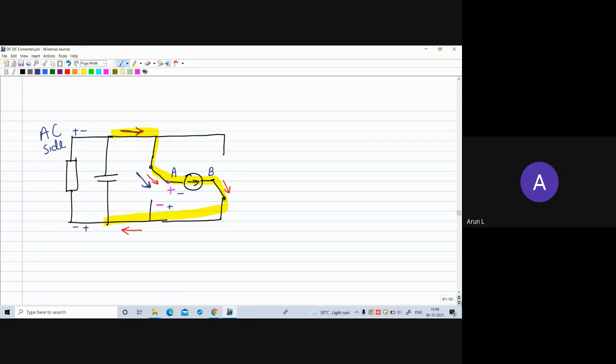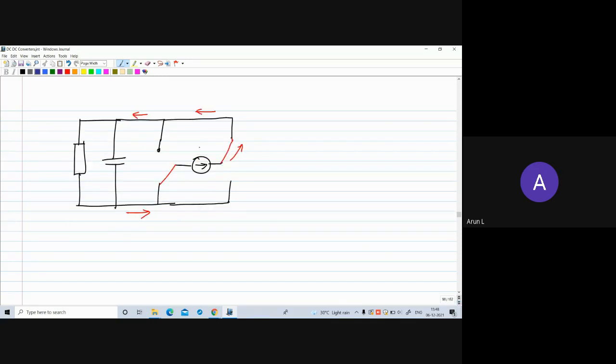If you close the other two switches, here also the switch is conducting in this direction, and this switch has to block the load voltage. These open terminals are now connected across the load. The load is AC, so this has to block positive or negative voltage. Bidirectional voltage blocking capability is now required.